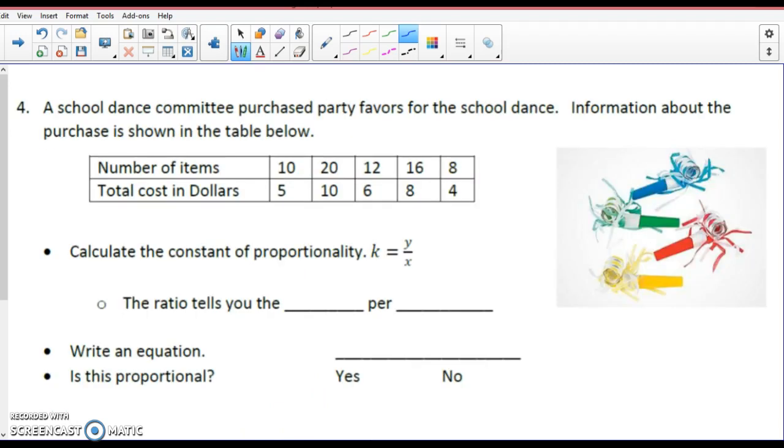All right. A school dance committee purchased party favors for the school dance. Information about the purchase is shown in the table below.